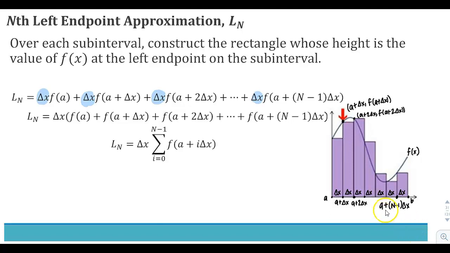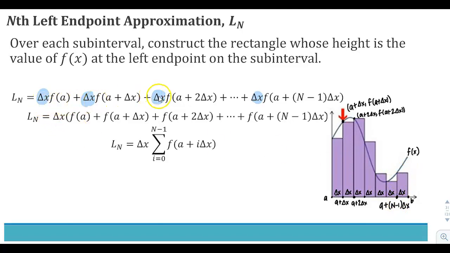So that makes its height f of a plus n minus 1 delta x. That's the last height we're going to use. So we're not going to use b because that would be a right endpoint, and we're using left endpoints only. So that's where we stop.